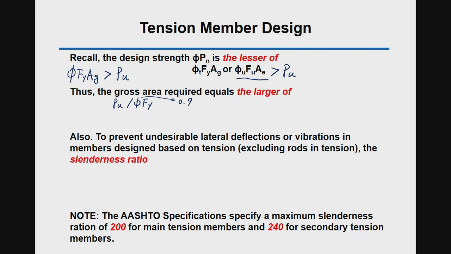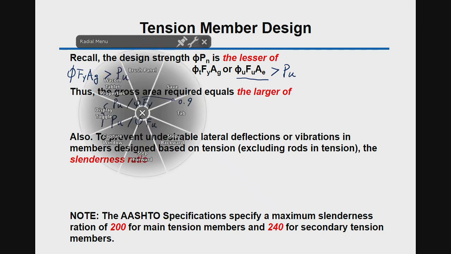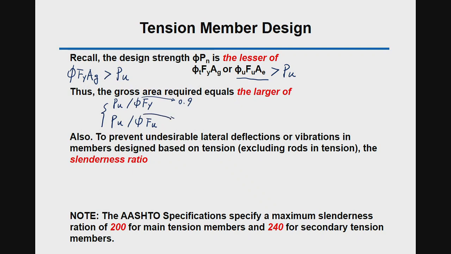or Pu divided by phi Fu, okay? And this phi equals 0.75, plus the estimated hole areas, right?